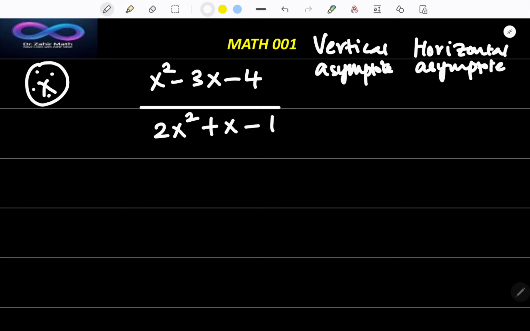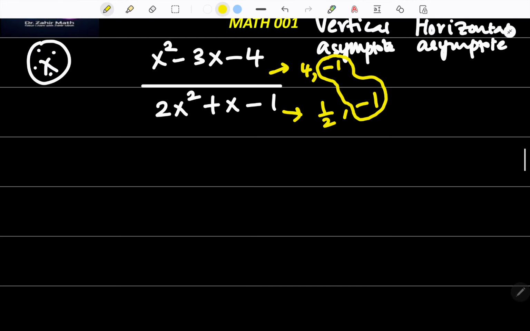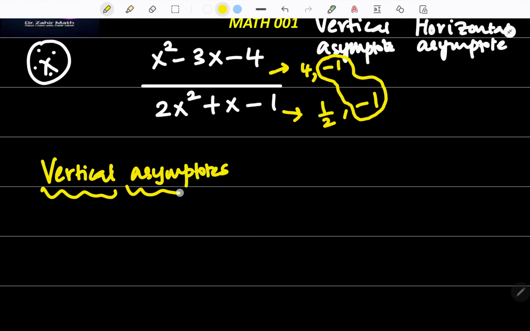Right. So if you go to the calculator, you will get the answers 4 and minus 1 for the numerator, and half and minus 1 for the denominator. See here, there is a common number. If there is a common number, you should be very careful for vertical asymptotes. Before you go for vertical asymptotes, you have to do one step before that.